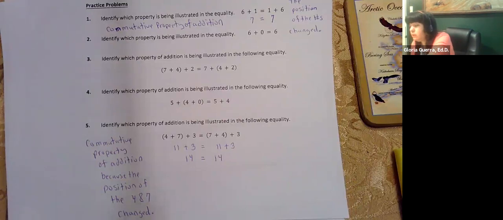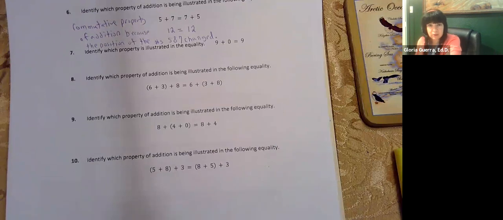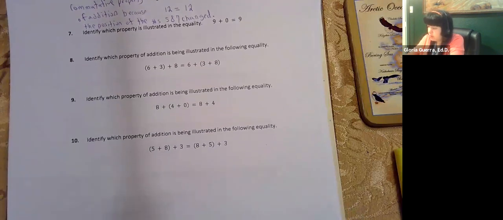And that would be if you look at number 10. Okay, so I want you to notice here this quantity 5 plus 8, look at this quantity on the left side and look at the quantity on the right side. See how the 5 and 8 swapped positions? The position of 5 and 8 changed. Now it's 8 plus 5. So you see that's commutative property when you see that happening.